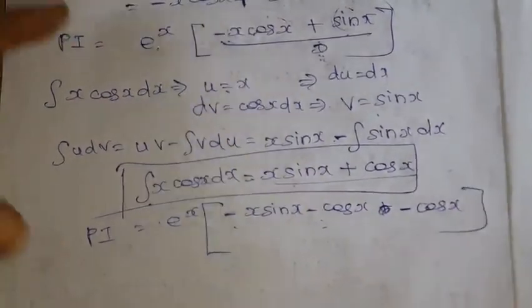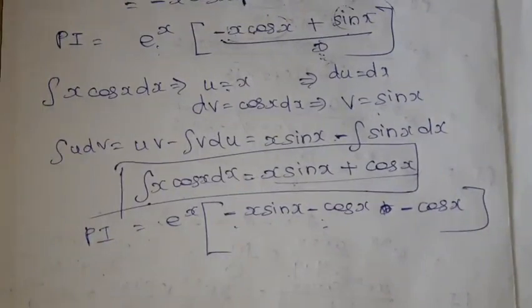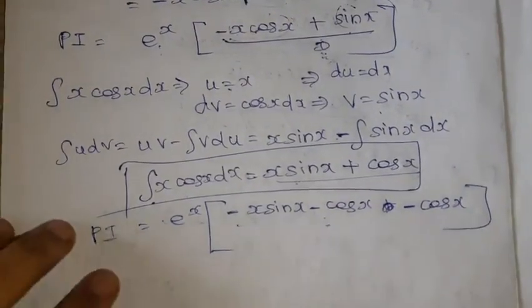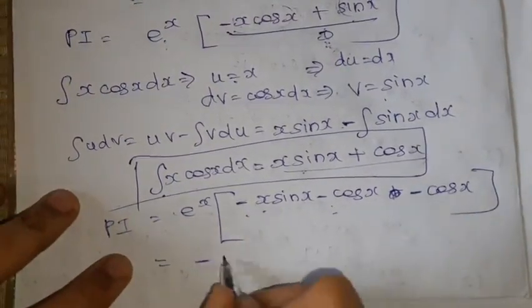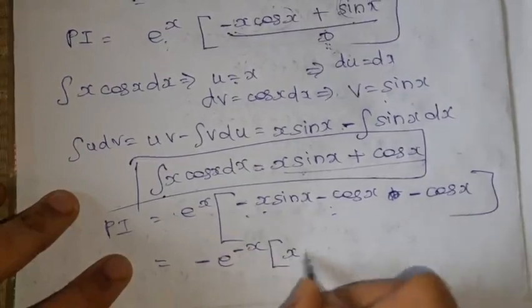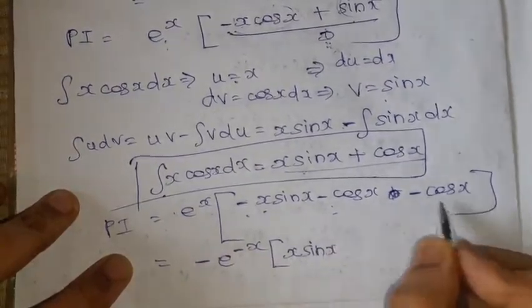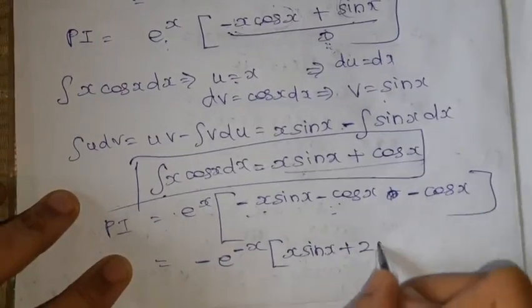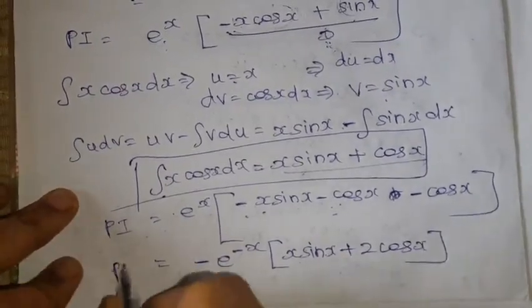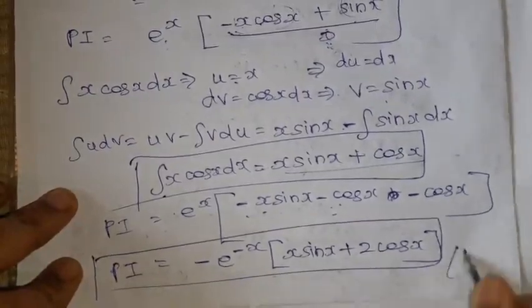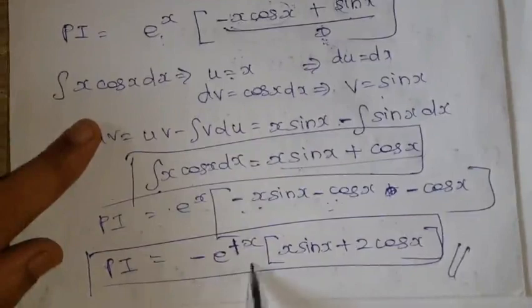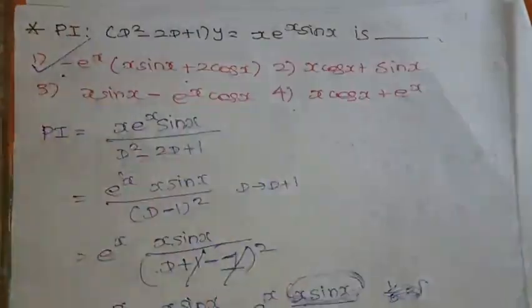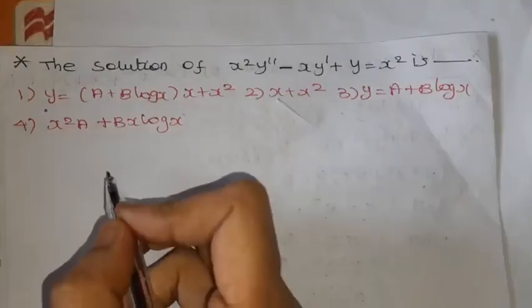Take the minus sign outside: minus e power x, it is e power x only, I am right, minus cos x plus 2 cos x. The minus sign will be outside, so it is e power plus x only, not minus x. So option 1, minus e power x, x sin x plus 2 cos x, is the right option.